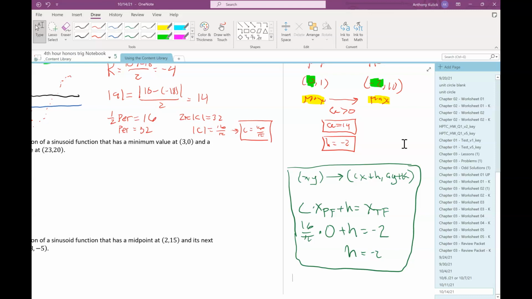So you could have picked the maximum at pi over 2, 1, or you could pick the minimum at 3 pi over 2, -1. Either would be okay to use. But yes, if you did that, since the x-coordinate is not 0, you would have to solve an equation like that to find the h. Yes. I'd recommend not doing that because this is so simple just by picking cosine instead of sine.